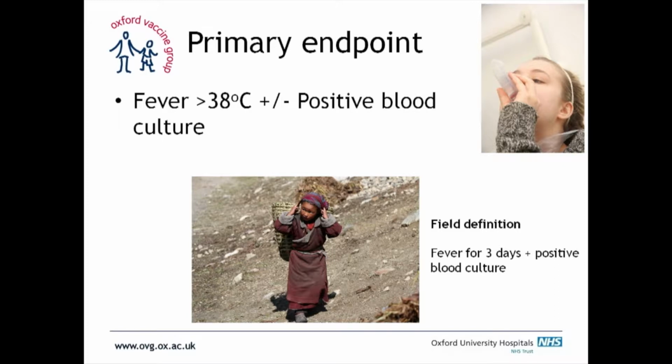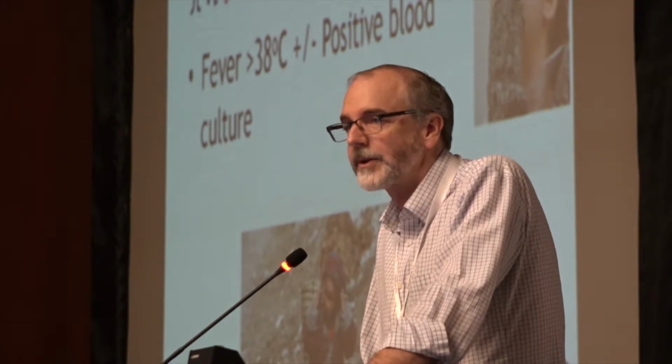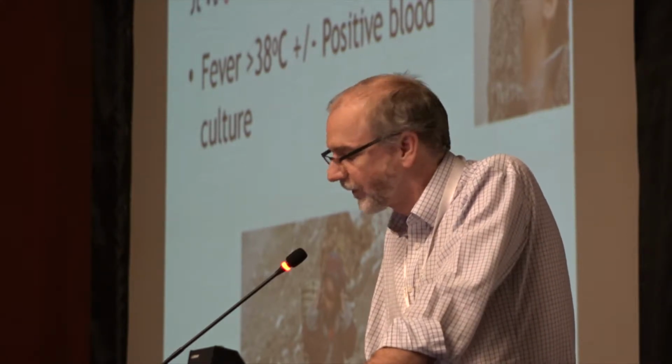And I just want to highlight that that's quite different from the situation in the field, where the definition of typhoid is fever for 3 days and then a positive blood culture in that individual. So it's quite a different setup from typhoid in the real world. And of course, we assume that we're giving quite a high dose because 2/3 of people develop typhoid who are exposed. So there's some differences from the field.